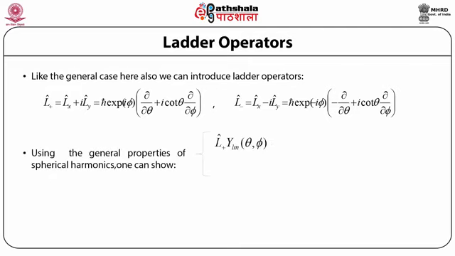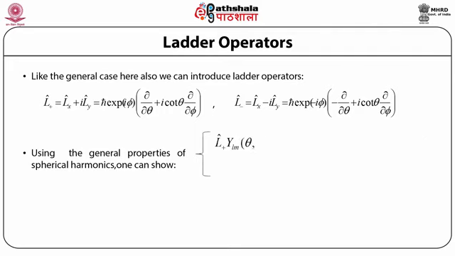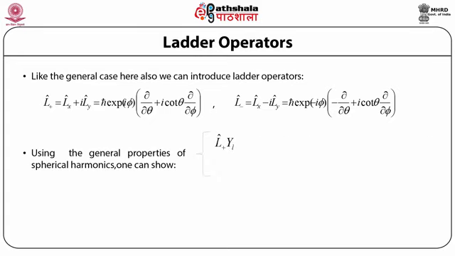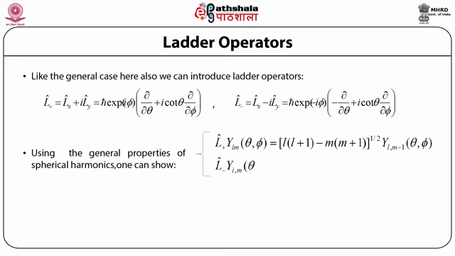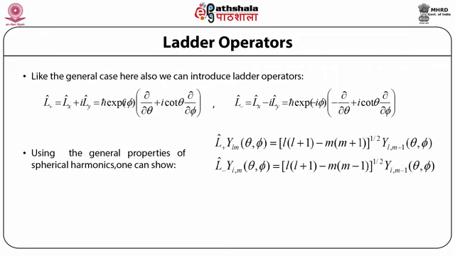So using the general properties of the spherical harmonics that we have seen earlier, one can show that the ladder up operator or the incremental operator L plus acting on the spherical harmonic Y L M theta phi is equal to bracket open L into L plus 1 minus M into M plus 1 bracket closed whole to the power half times Y L M plus 1 theta phi.